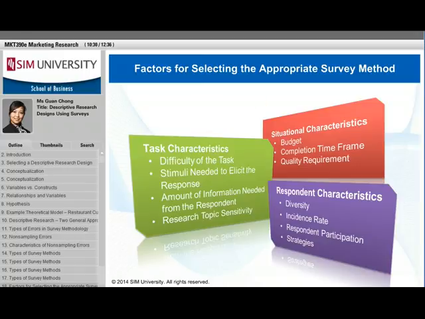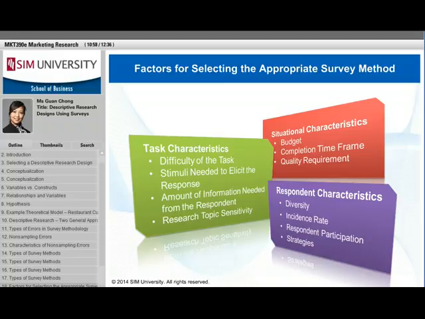There are three main groups of factors for selecting the appropriate survey method, including task characteristics, situation characteristics, and respondent characteristics. Under task characteristics, we need to consider the difficulty of the task, the stimuli needed to elicit the response, the amount of information needed from the respondent, and the research topic sensitivity.